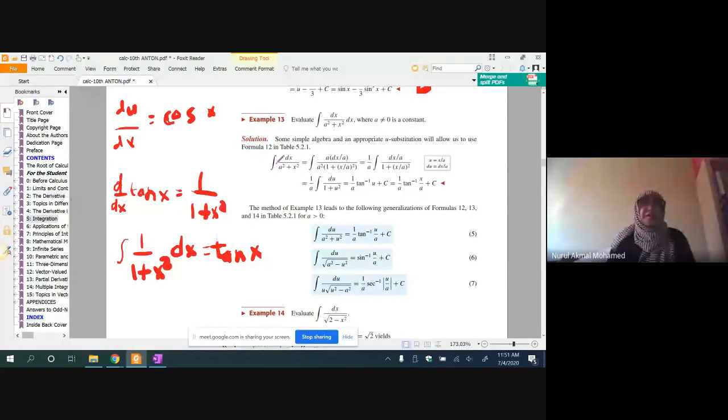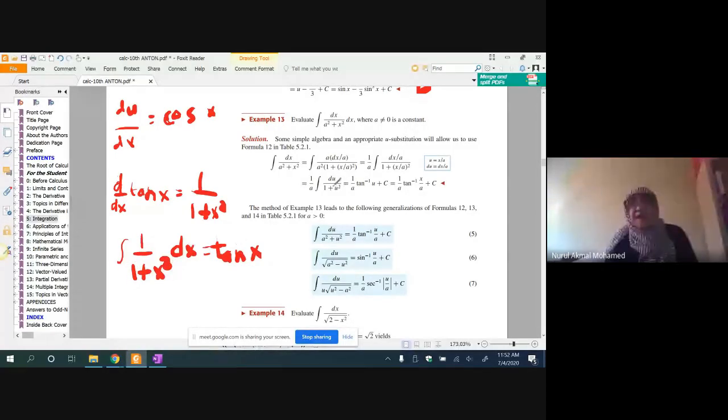Instead of having a constant 1 here, you have a constant a. So you have to manipulate this expression a squared plus x squared so that it will be in terms of 1 plus u squared, with a new variable u instead of x. But you must have 1 here, 1 plus u squared.